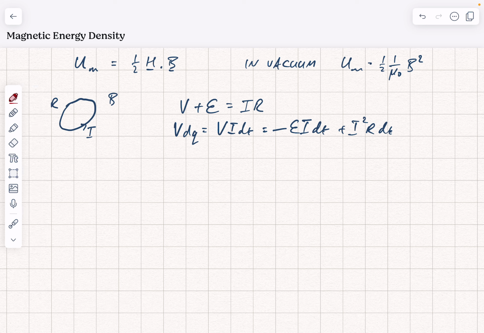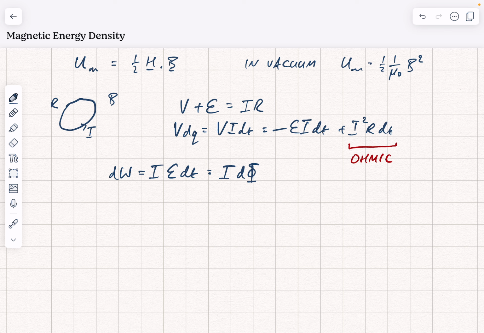Now I squared R dt is just ohmic losses, so that's essentially turning the work into heat, so we're not interested in that because that's not storing energy in the fields. So we're going to say that the small amount of work done in this system is going to be I EMF dt, which of course is also written as I d phi, where phi, remember, is the flux of the field through the circuit, because the EMF is minus d phi by dt.